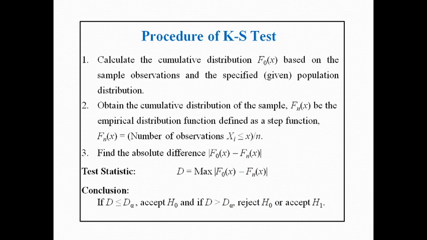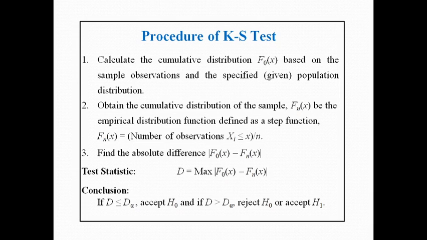Chi-square goodness of fit is a parametric test, but the Kolmogorov-Smirnov goodness of fit test is a non-parametric test. So these two tests are equivalent. Whenever you perform the chi-square test, you find the observed frequencies as well as expected frequencies, and then we compute the differences of observed and expected.